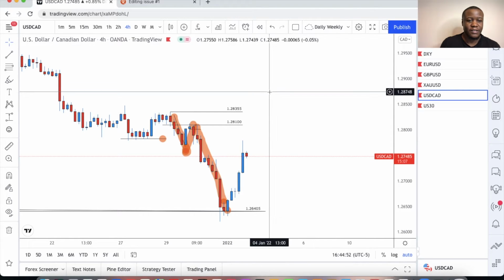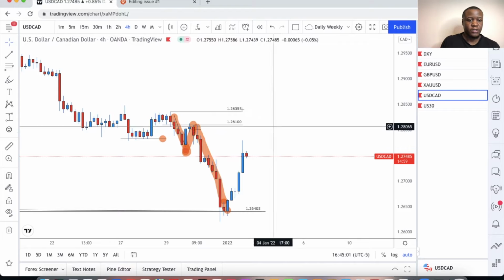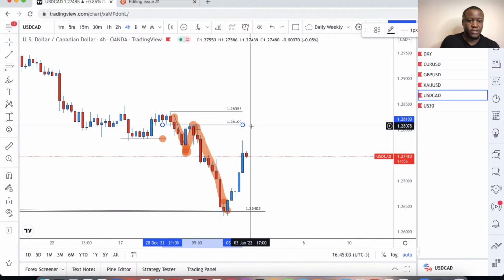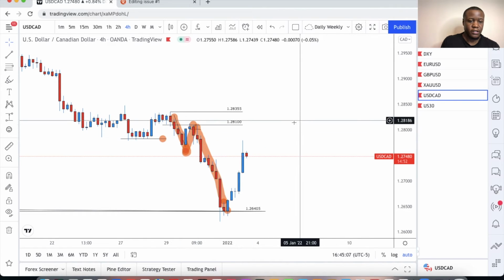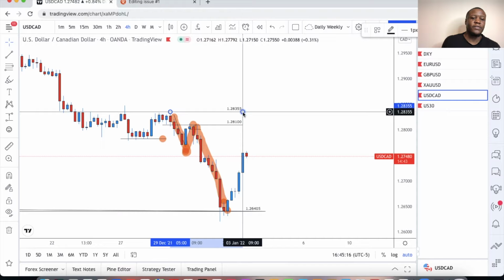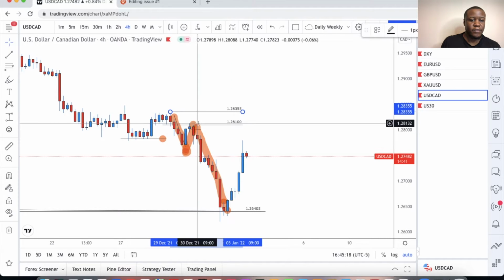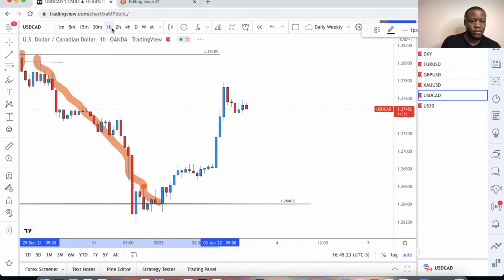I'm just giving you the idea of how the trade set up and how to enter the actual trade in your MetaTrader. So this would have been the level you enter, 1.28100, and then you would have put your stop at the high, 1.28355.